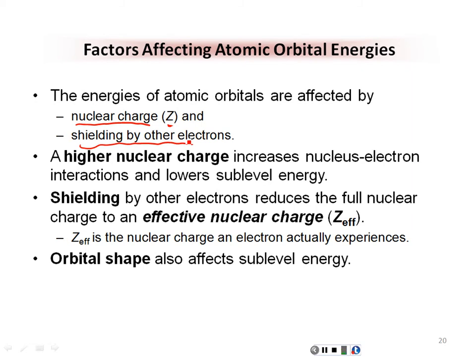Shielding, on the other hand, reduces the nuclear charge that the electrons experience, and that leads to what we call effective nuclear charge, or Z effective, and that's the charge from the nucleus that the electron actually experiences. And then the final factor affecting energy is the orbital shape. So the actual shape of an orbital affects its energy.